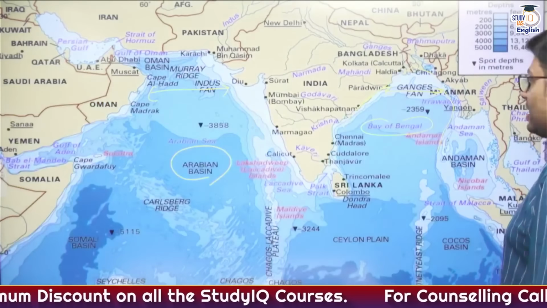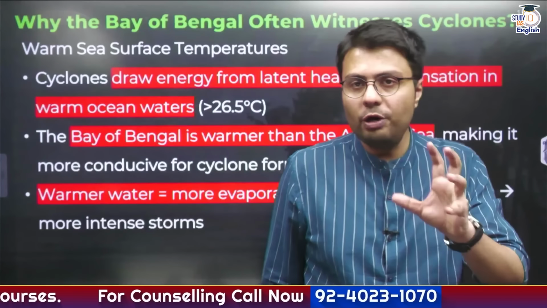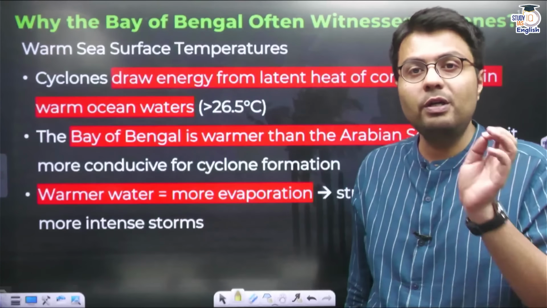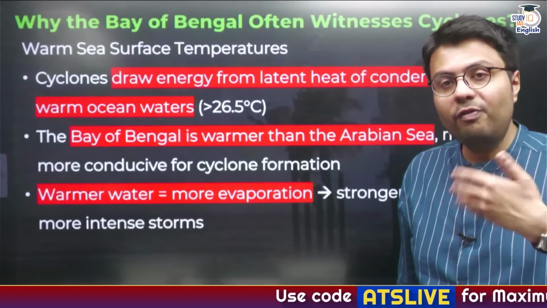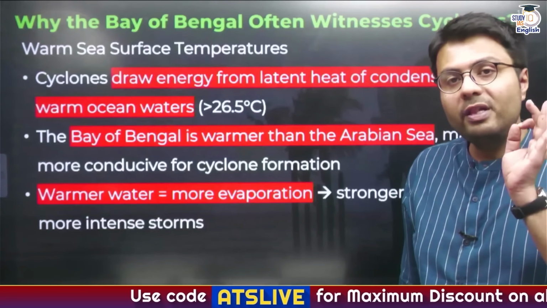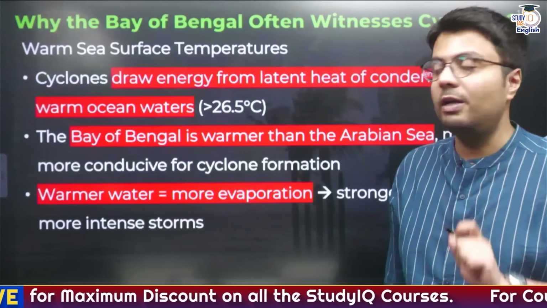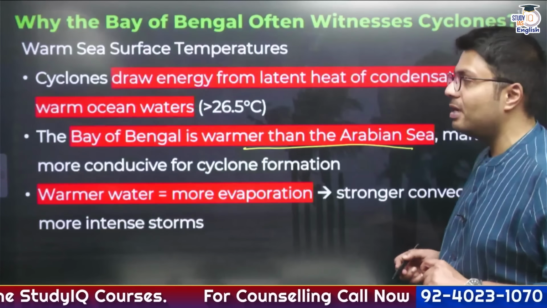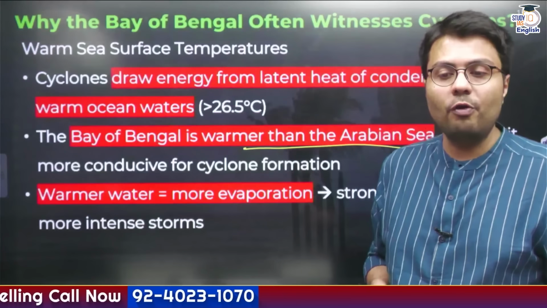Now the second factor is the existence of warm sea surface temperature. I told you the most essential condition for development of a cyclone is that there should be rising temperatures, particularly rising water temperatures, and cyclones draw heat from this process only. So without warm ocean water, you wouldn't expect cyclones to develop, and the waters in the Bay of Bengal are relatively warmer than the Arabian Sea, making them more conducive for cyclone formation.